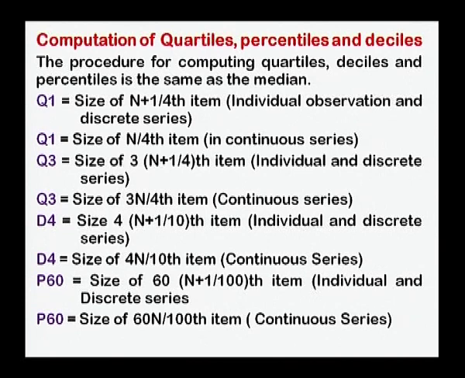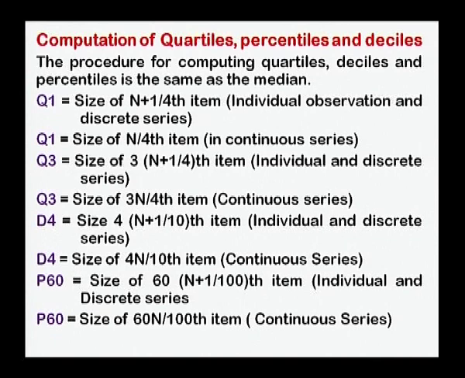Now, if you want to calculate Q3, this formula will be applied: size of 3 times (n plus 1) divided by 4th item, and again this is used only in respect of individual and discrete series, and Q3 equals size of 3n divided by 4th item, and this formula we use in respect of continuous series. Now, D4 is calculated in this way: size of 4 times (n plus 1) divided by 10th item, and that is used in respect of individual and discrete series.